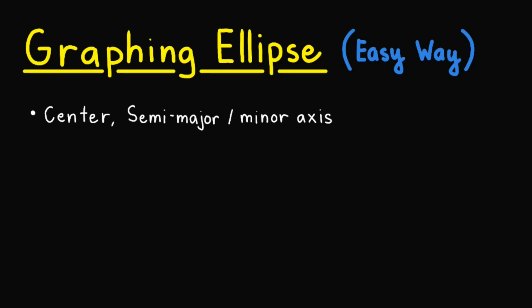Aside from this, we'll also be needing the orientation of the ellipse. This is also obtainable from the equation of an ellipse, so you may check that video as well, since I have a previous video on that.